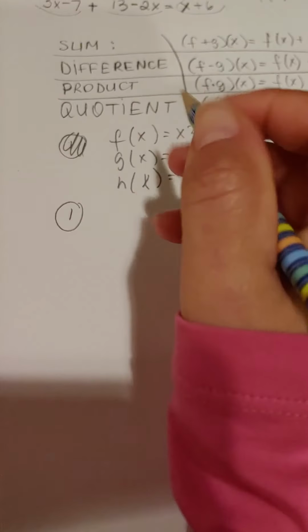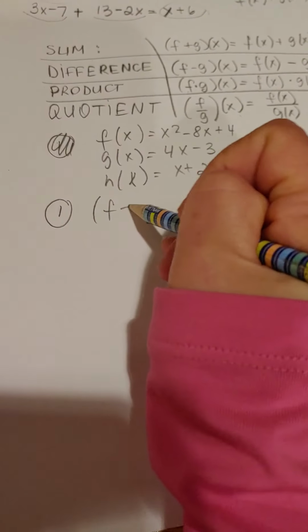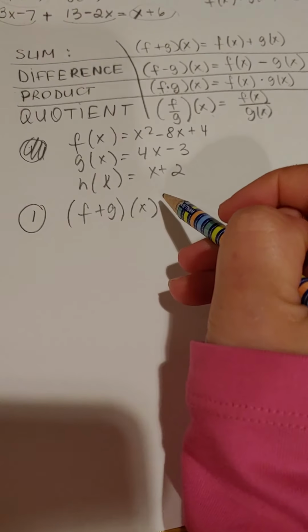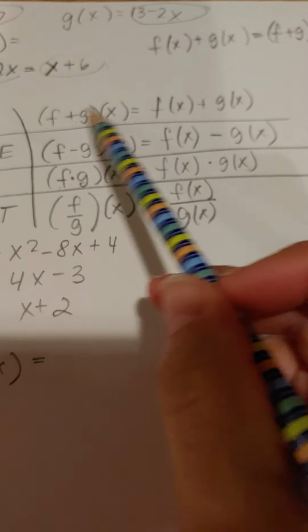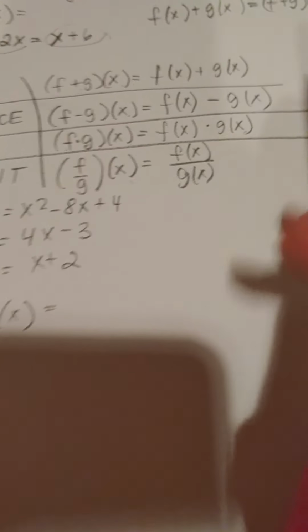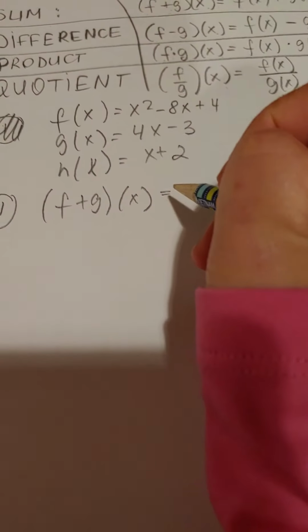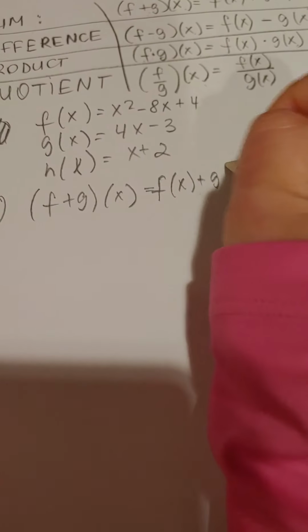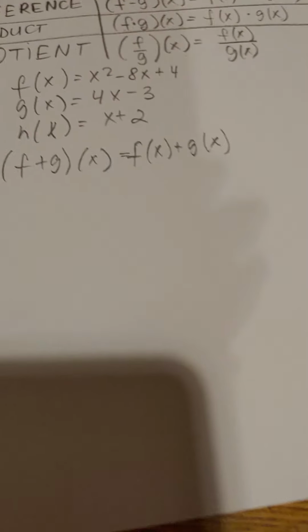So the first question is to find f plus g of x. So we do know, using the rule, that f plus g of x is f of x plus g of x. And then we can just put it right there, f of x plus g of x, to make it easier.